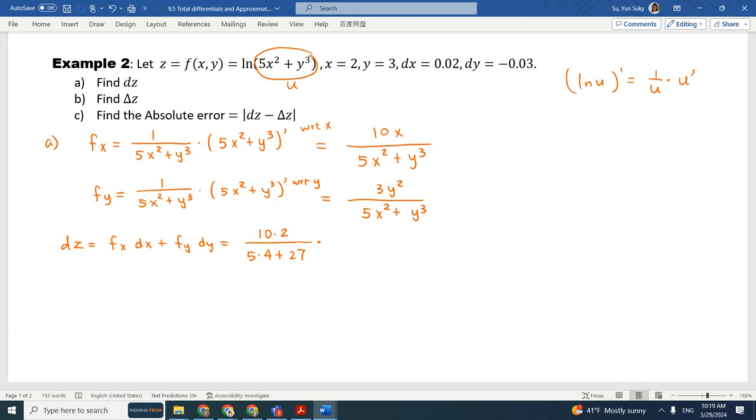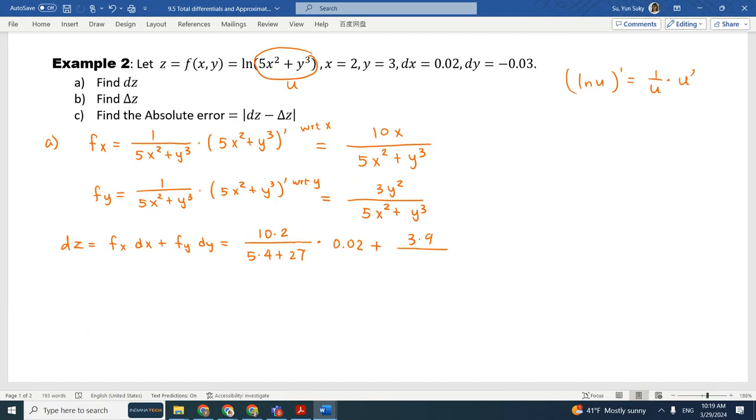Times dx. What is dx? 0.02. Yes. Plus fy. fy is 3y squared. What is y squared? 9. Good.